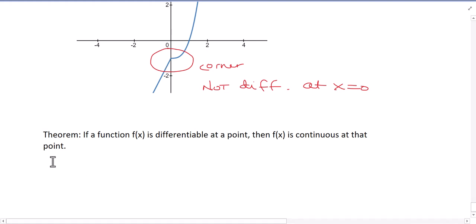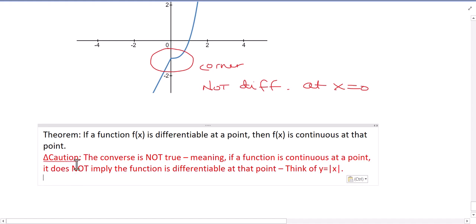So that brings me to a point of caution. What we want to say is that the converse is not true. If a function is continuous at a point, it does not imply the function is differentiable. Think of the absolute value of x, or this is a good example also. This function is continuous at 0, but it is not differentiable because we have a corner there.